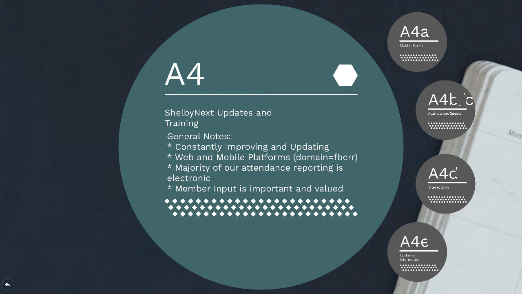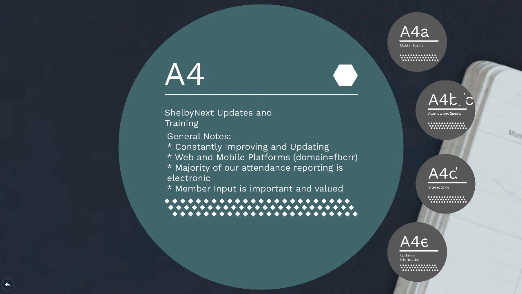Our domain is FBCRR. That's how Shelby identifies us. So just as you were entering FBCRR.ShelbyNextCMS, which stands for Church Management System.com, you have to put in that FBCRR on your mobile device to sign in. And once you do that, it's easy.